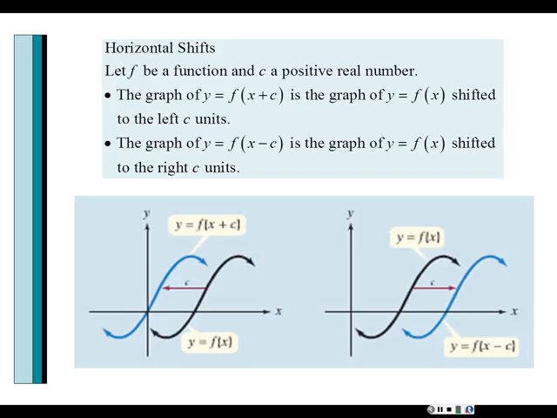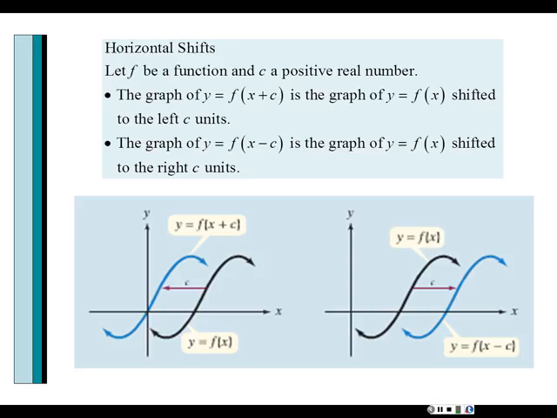So how is it different? For example, if you have a function f of x, now you're replacing that function by f of x plus c, whole squared, right? Because you are just replacing x by x plus c. Now, if you do the addition, what happens? Your graph moves to the left.